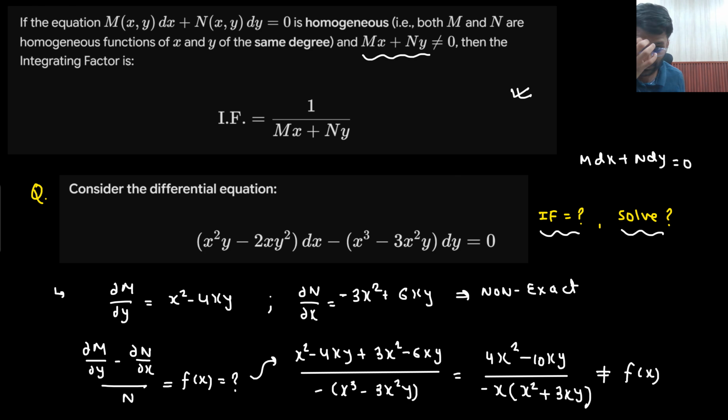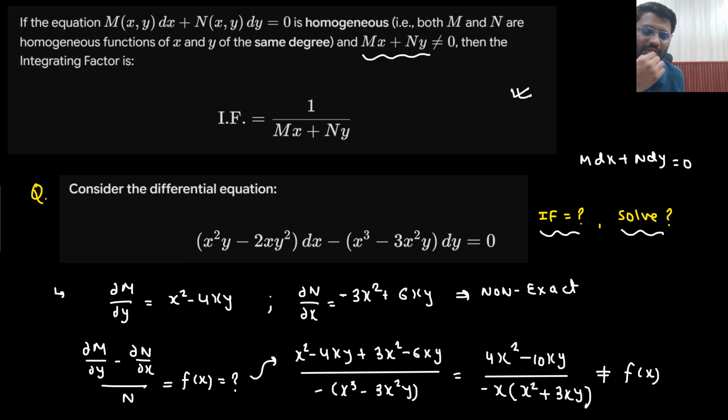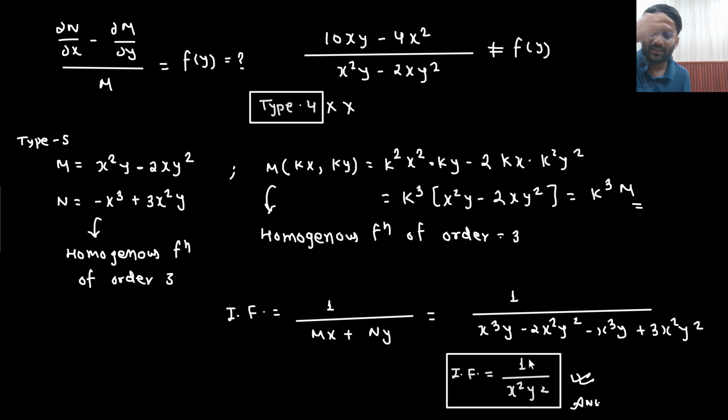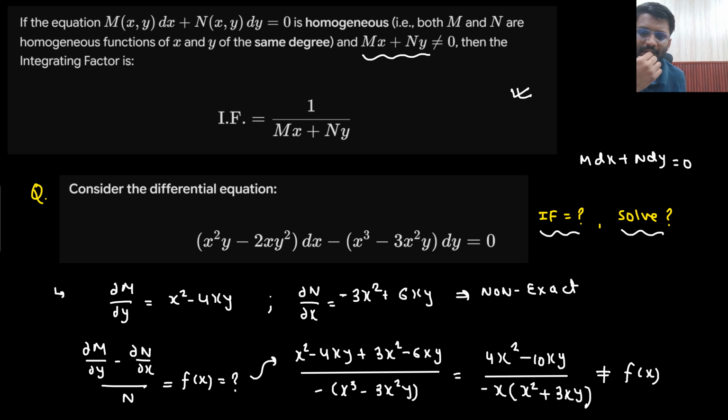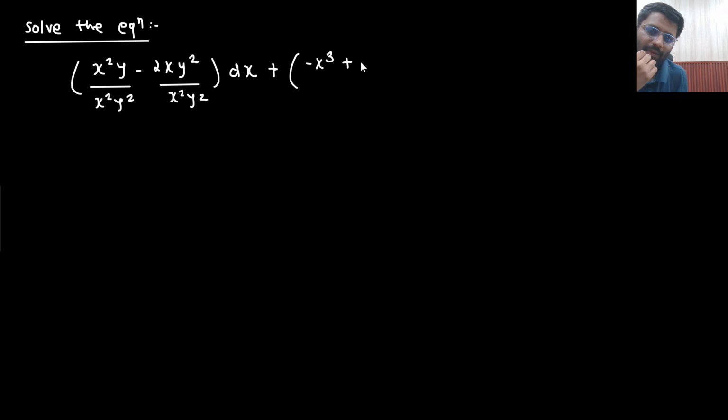So (x square y minus 2x y square) multiplied with 1 upon x square y square, and (minus x cube plus 3xy square) divided by x square y square.